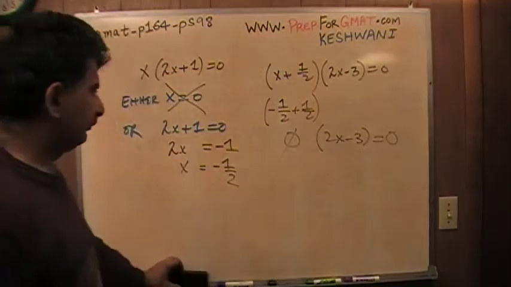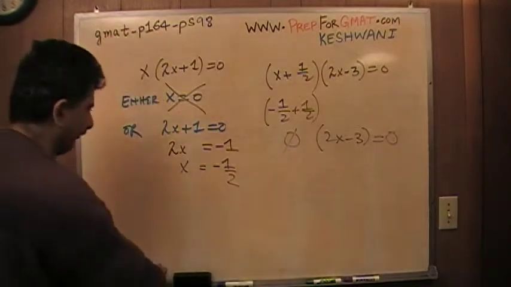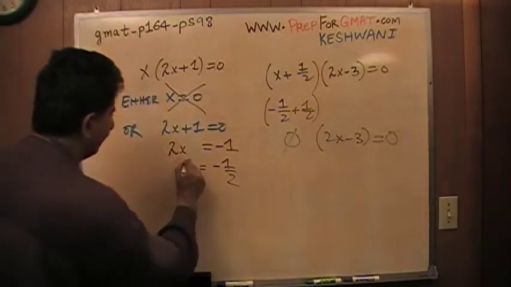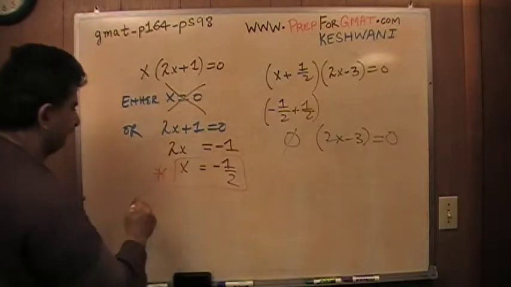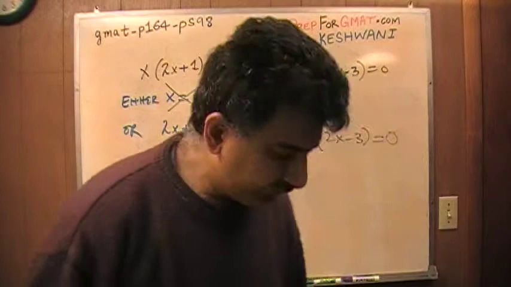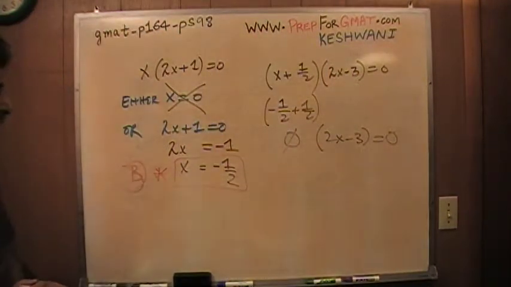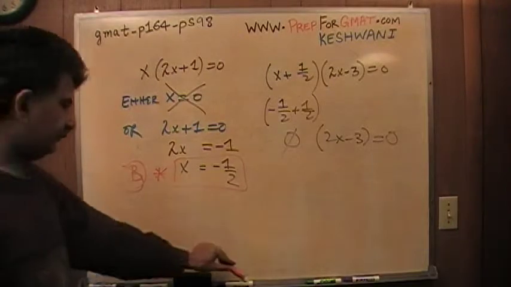So that works, which means x must be negative 1 half. x has to be this guy. The answer is B. That's how simple it was.